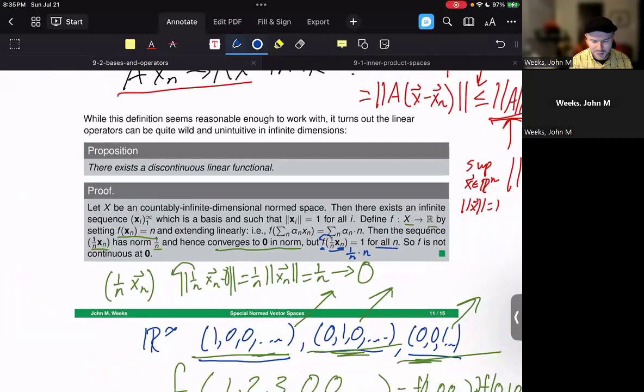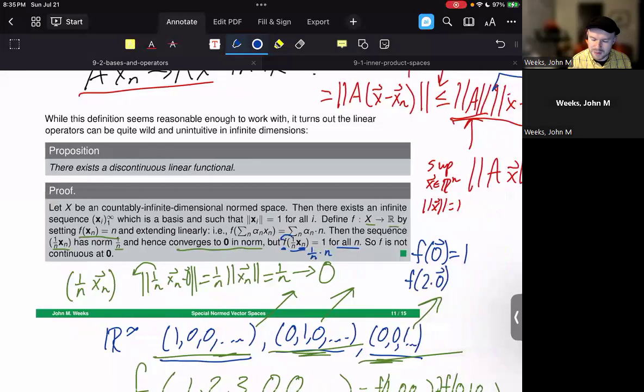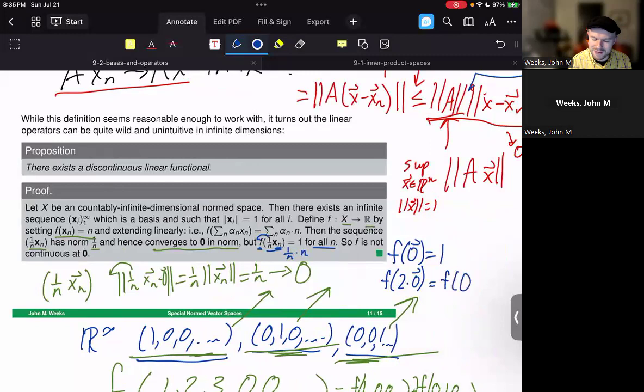One last thing I should mention here is that you might say, okay, well, John, isn't it the case that when you map through the limit of the x values here, f of the vector 0 is equal to 1? But that's not possible for a linear transformation, and the reason is, I talked a little bit about this in the last video. If you try to multiply this vector 0 times 2, this is the same thing as the vector f of 0 just by looking at the inside.